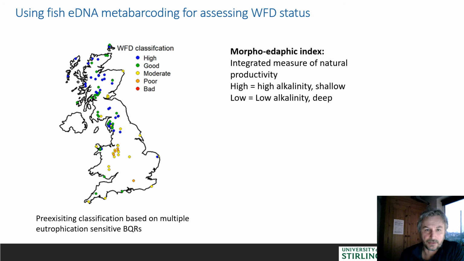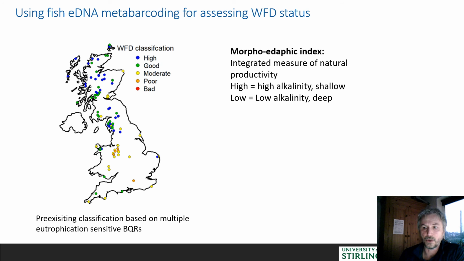This analysis was carried out by Nigel Willby and colleagues at the University of Stirling. Importantly, this analysis was done using a surrogate of natural productivity, the so-called morphoedaphic index, as a covariate of anthropogenic pressure.